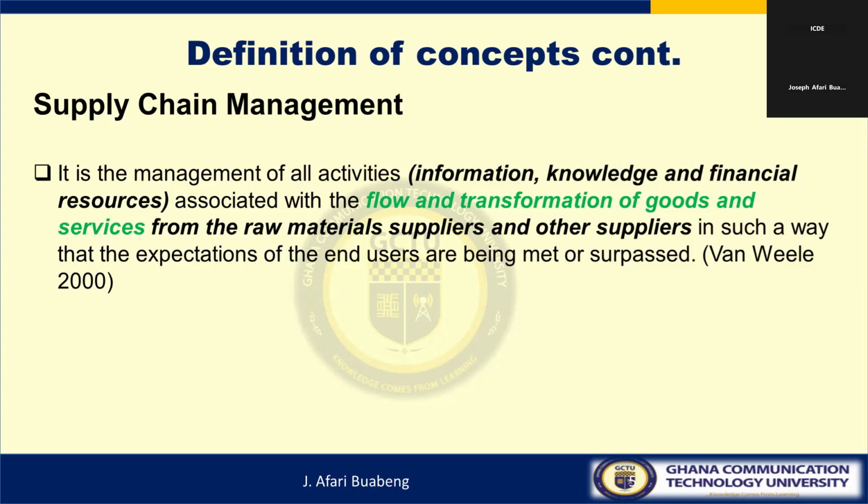The activities are the information, knowledge, financial resources associated with the flow and transformation of goods and services from the raw material suppliers and other suppliers in such a way that the expectations of the end users are being met or surpassed.